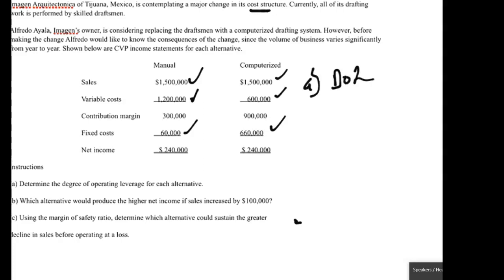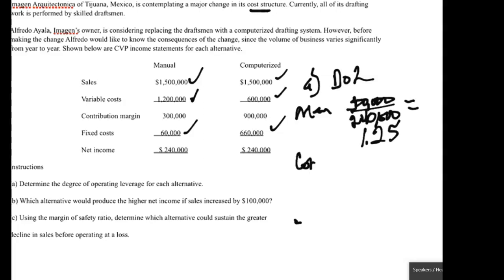For the manual system, it will be the contribution margin of 300 divided by the net income of 240,000. And so the degree of operating leverage for manual is 1.25.